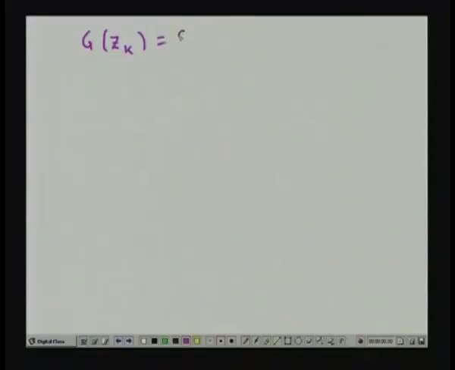We know that G(z_k) is equal to s_k. So, this gives G(z_k) minus s_k equal to 0.